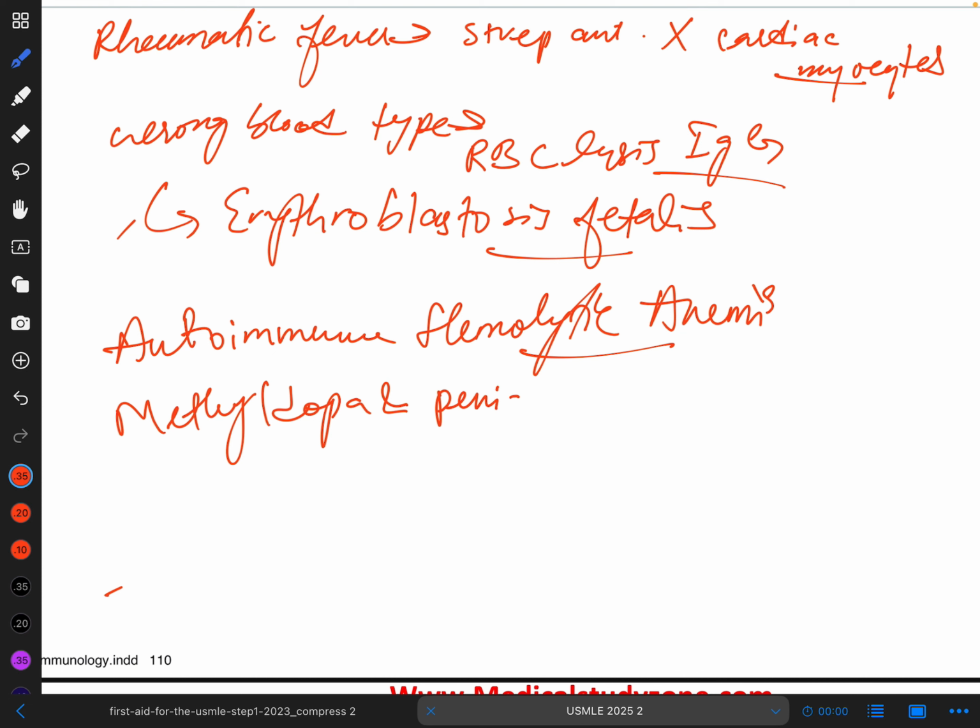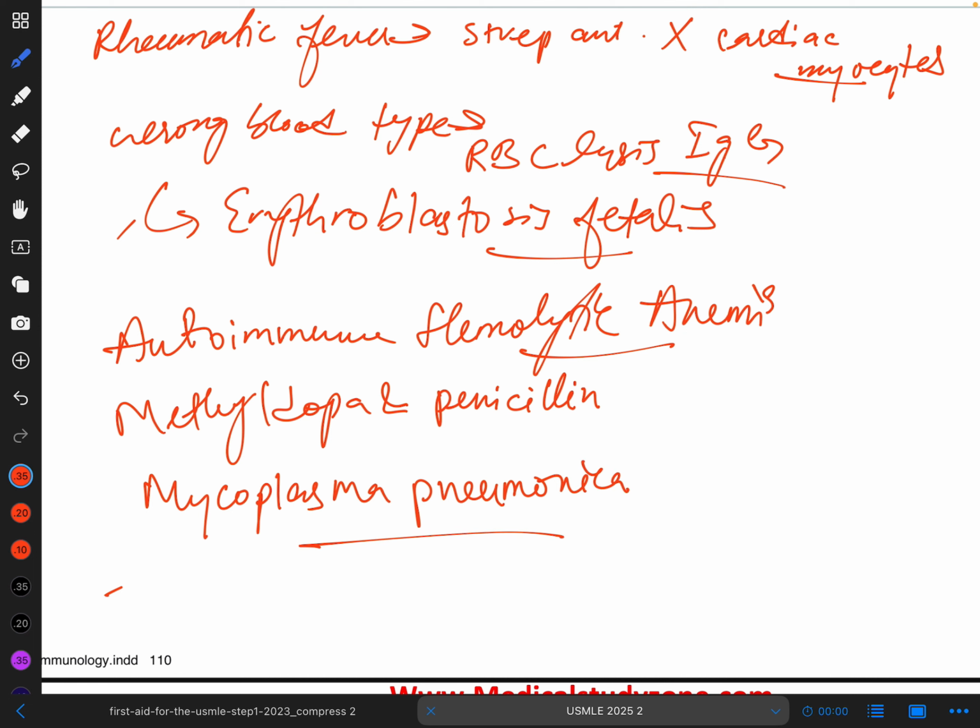These drugs bind to the surface of RBCs and cause damage and destruction of RBCs by the complement system. There is also mycoplasma pneumonia, which will also induce anti-RBC antibodies.